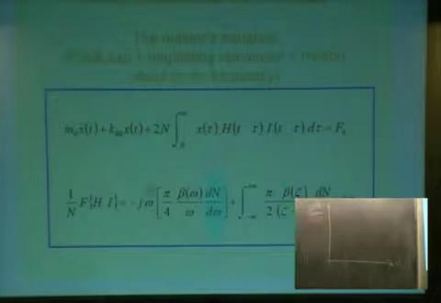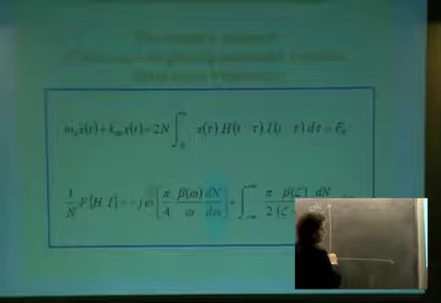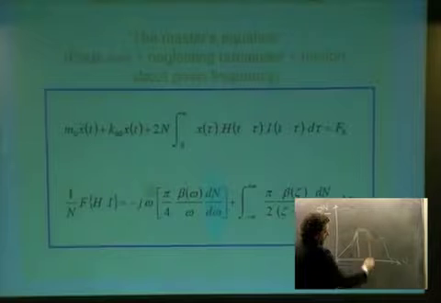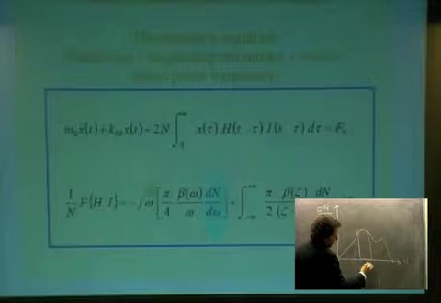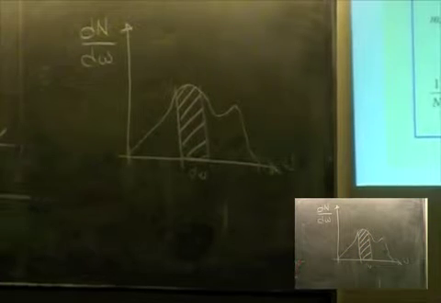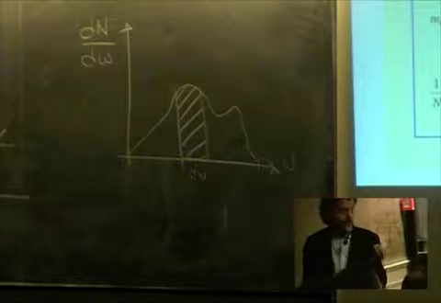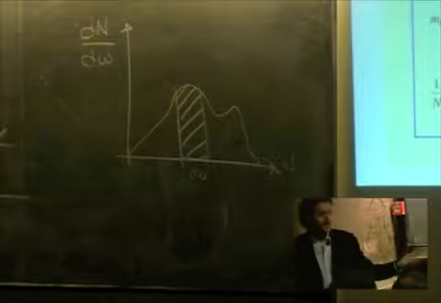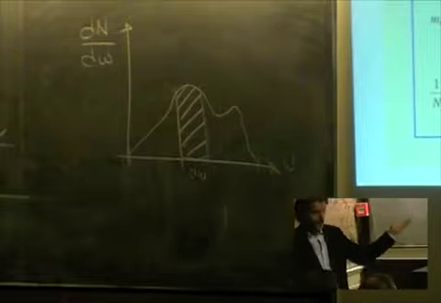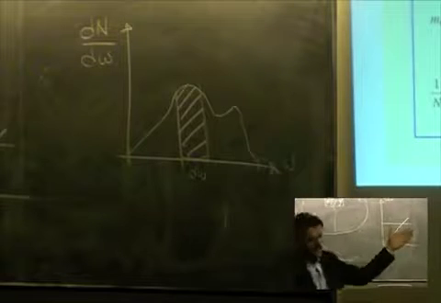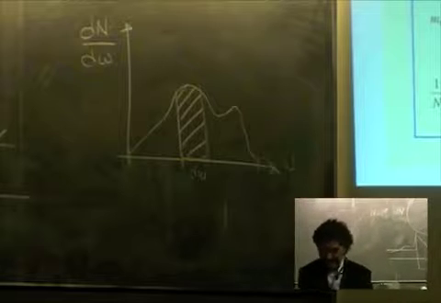You have omega here, and you have something that could be a distribution, meaning that if you take a bandwidth, delta omega, this area provides the number of natural frequencies that fall into this interval. So it is, say, the sister of the probability density function. We are not introducing any statistical concept here, but it's clear that it is here.